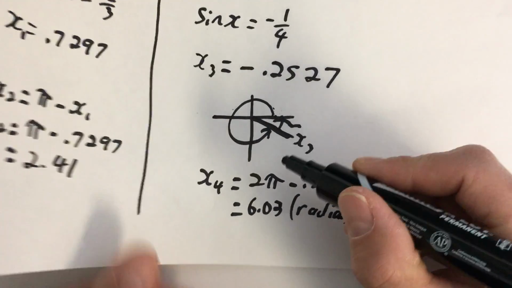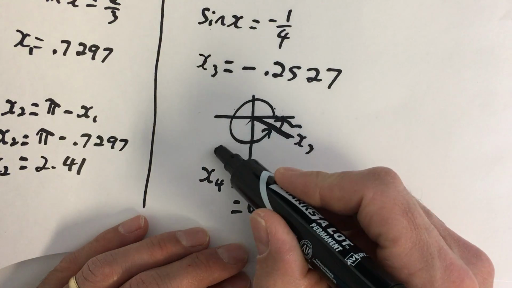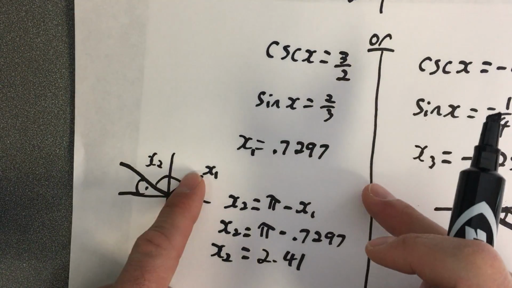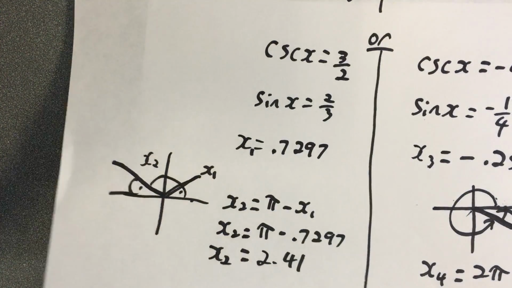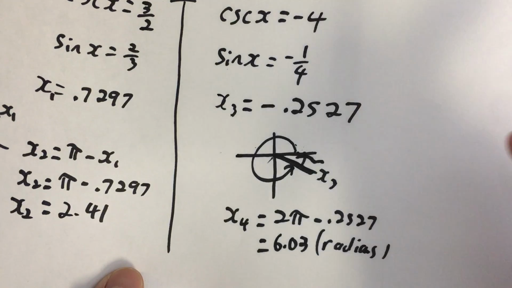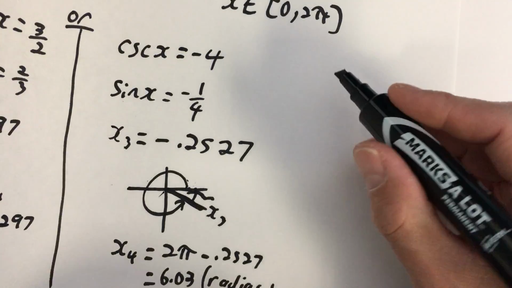The other solution I'm looking for is going to be down here. You see, sine is positive up here and up here. So if the sine is positive, I'm looking for 2 angles up here. If the sine is negative, I'm looking for 2 angles down here, because y over r is going to be a negative for both of those. Let me draw it out.